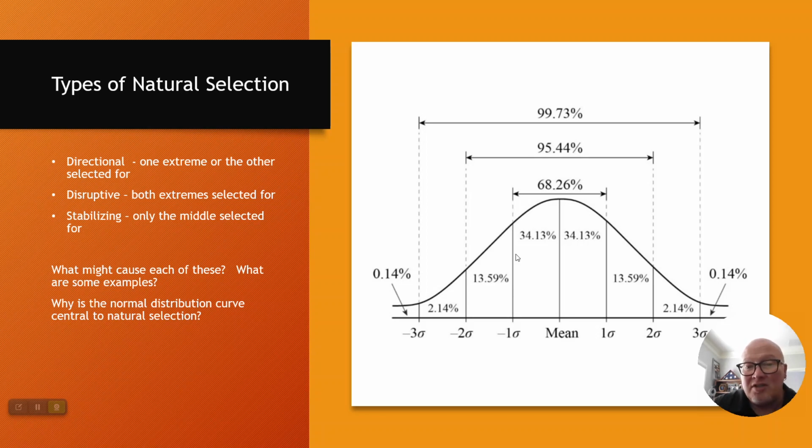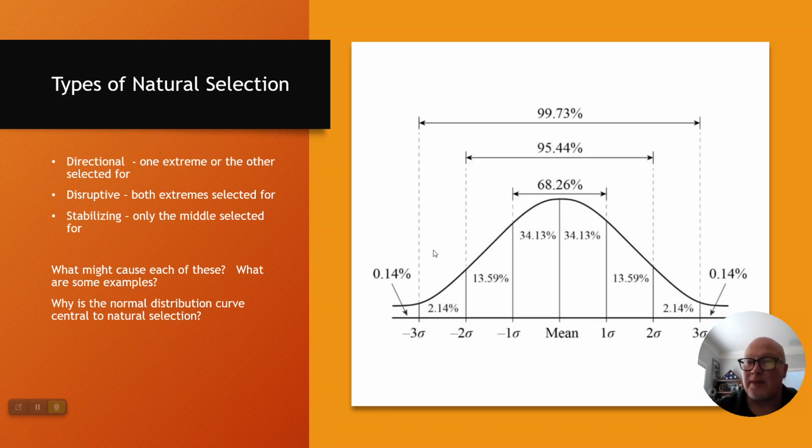Same thing if we selected for only humans that were minus 2 standard deviations below the mean height, then that's going to take the whole human population's height and shift it to the left towards that extreme. So directional selection means that only one or the other extreme is selected for.